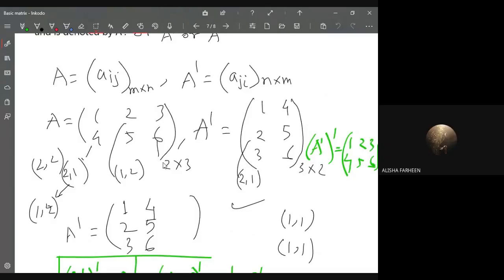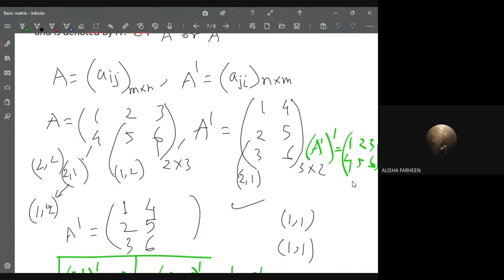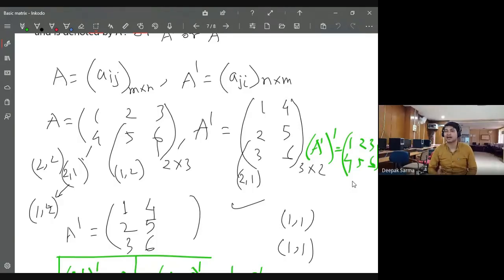If A is not square, if A is of order 2 by 3, then A transpose will be 3 by 2. The orders are different. When orders are different, there is no question of equality, because while defining equal matrices, the first condition was that the orders must be the same. Only then will we compare the entries. So if the matrix is not square, then A and A transpose will always be of different orders.